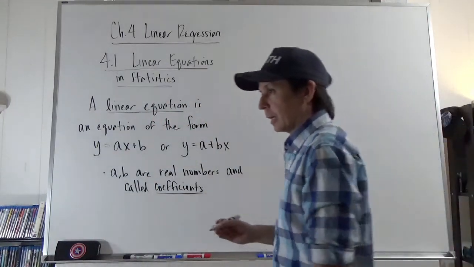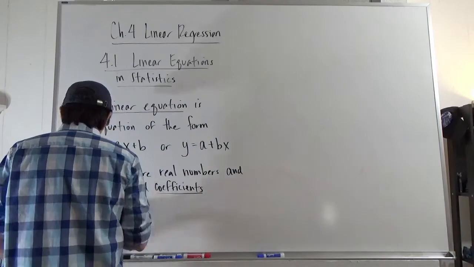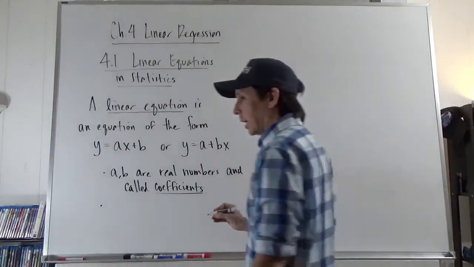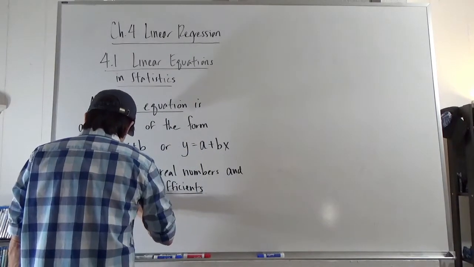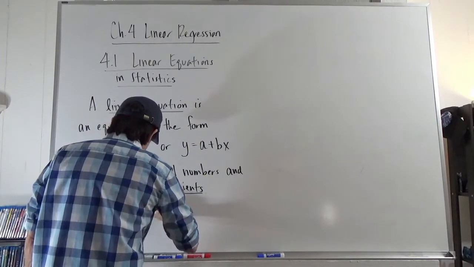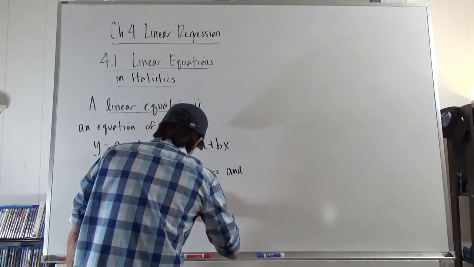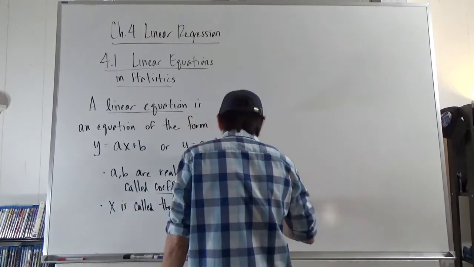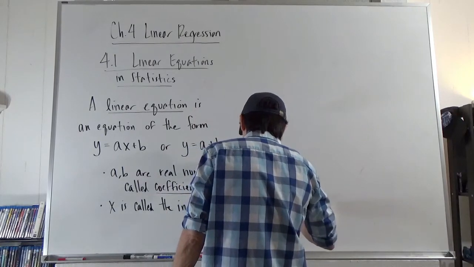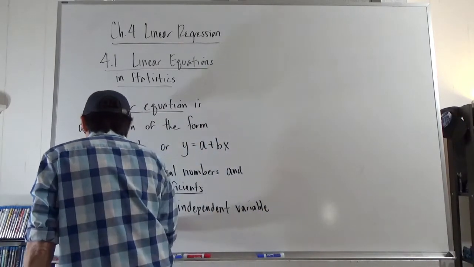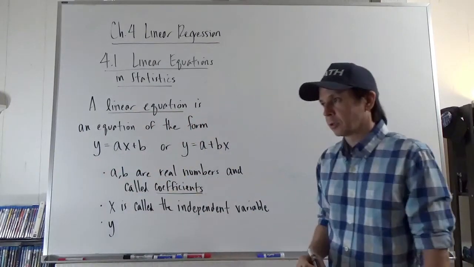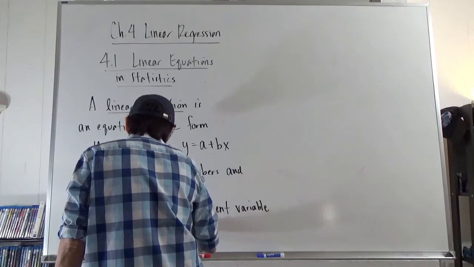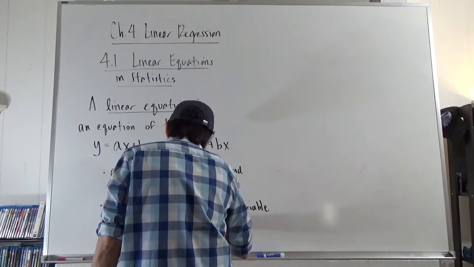And the x and y are called variables, but more specifically they have very specific names. So when it's this form, x is called the independent variable. And y, which is by itself on the left, is called the dependent variable.